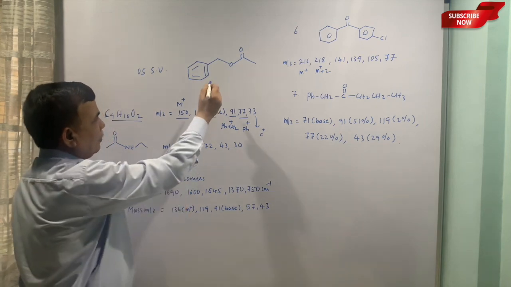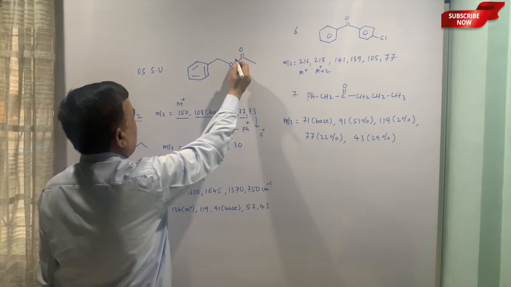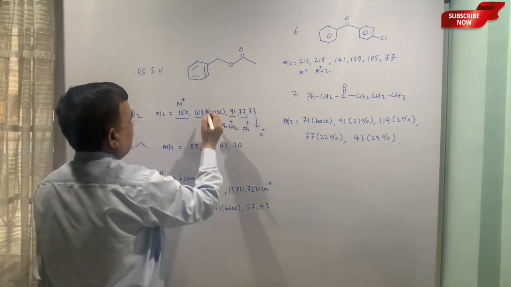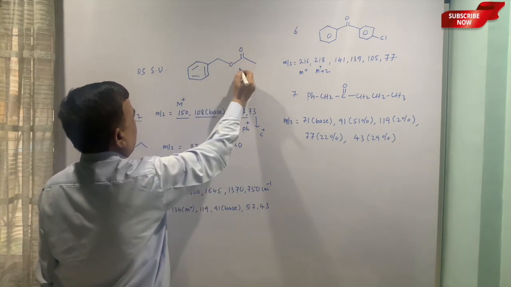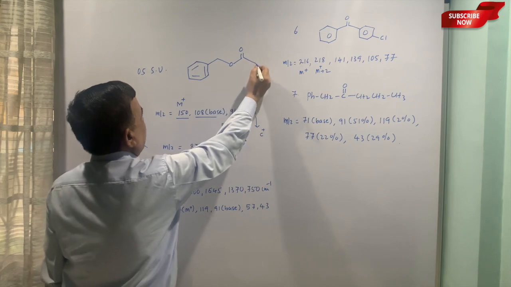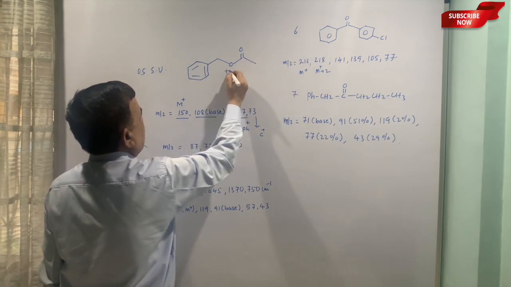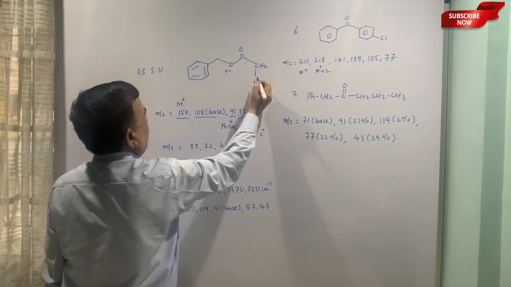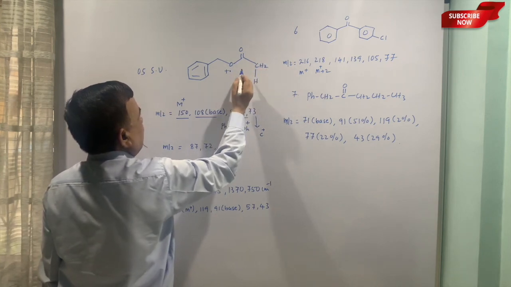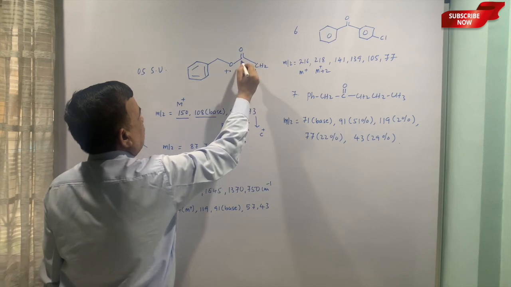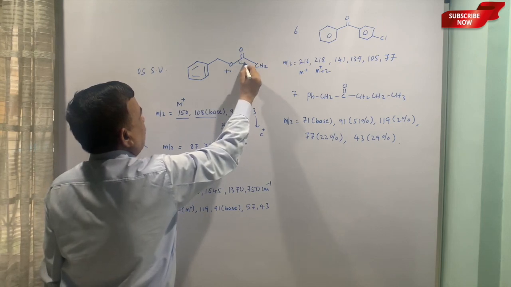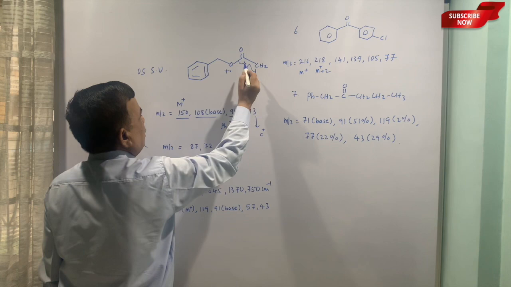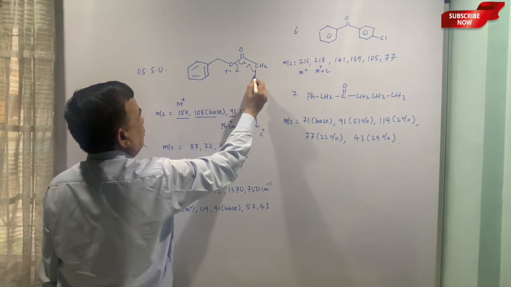So, this is 150 and 108 is this part. So, if you show radical cation on this, I will just show it with the fish hook arrows.